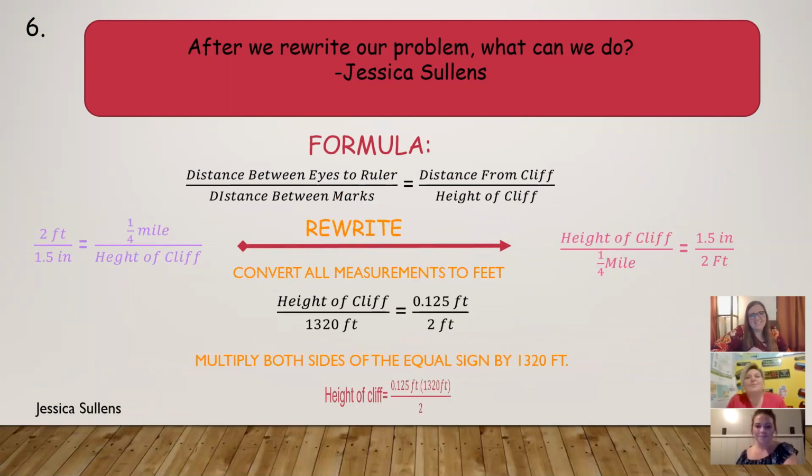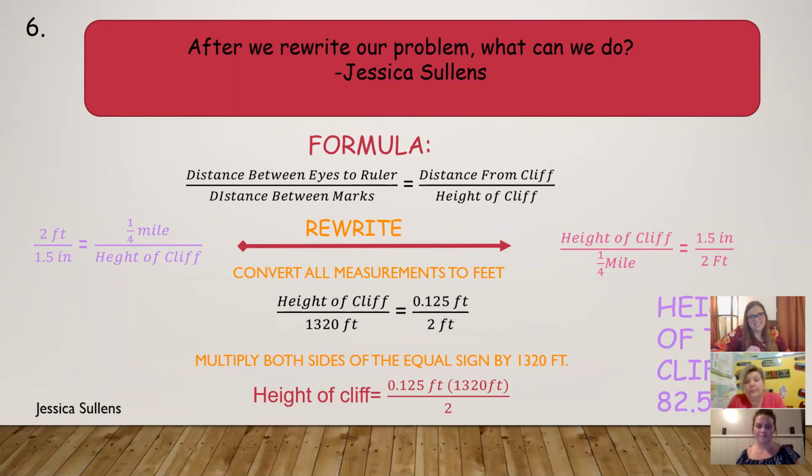Right. So, Jess, after we rewrite our problem, what can we do? Okay. After we rewrite our problem, we're actually going to convert these measurements. I don't want to work in all these different measurements, so we are going to convert to feet. We are going to leave our height of the cliff because that's what we were looking for. We're leaving our 2 feet over here, so that's going to stay the same.